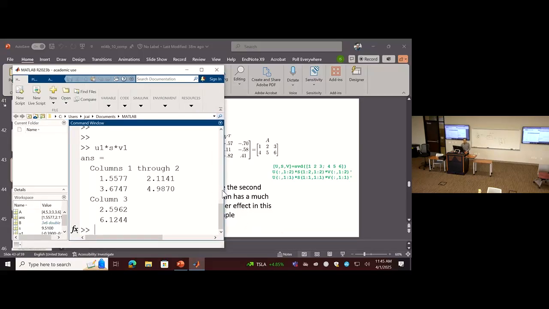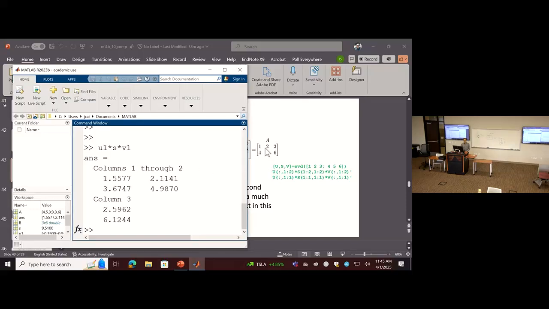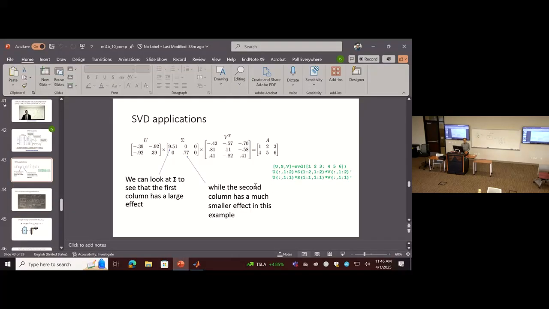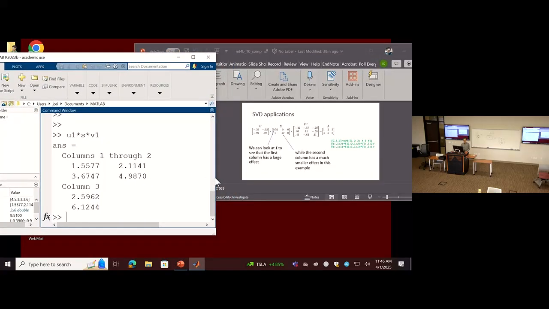Yeah, so if you look at this reconstructed matrix, it's not too far from this original A. So the first is 1.5, there was 1, and the second is 2, this 2.1, and this third is 3, and my reconstructed is 2.59.